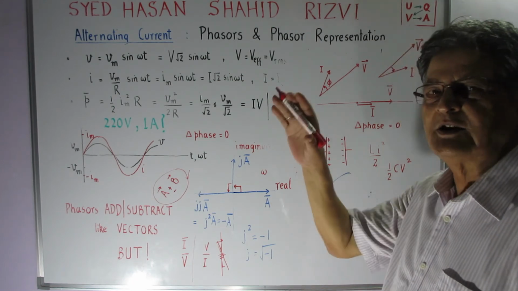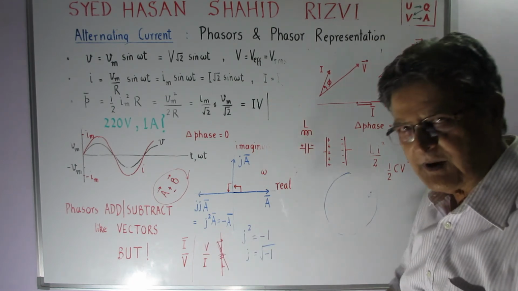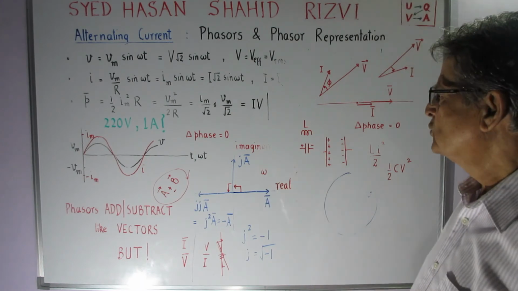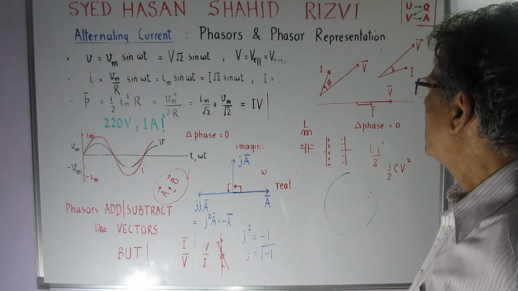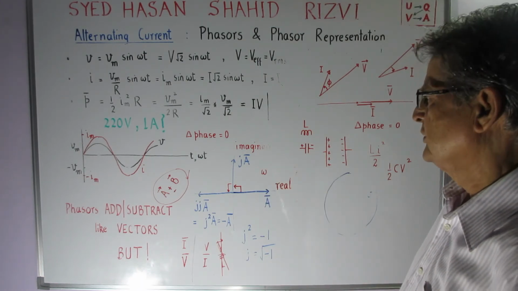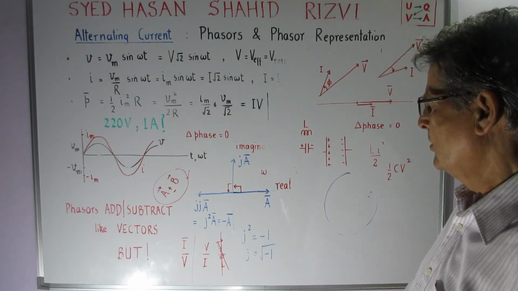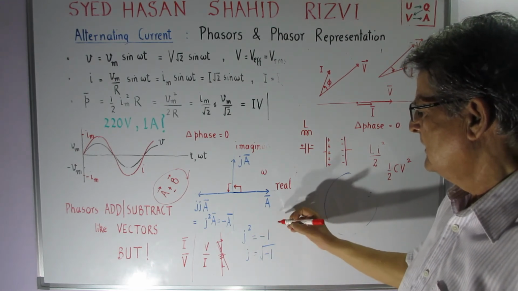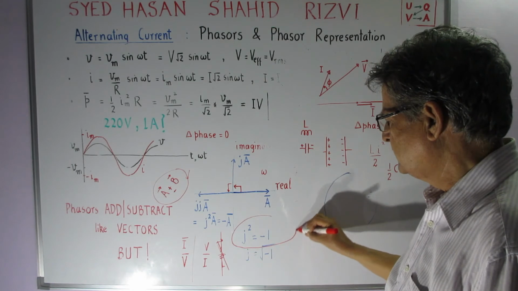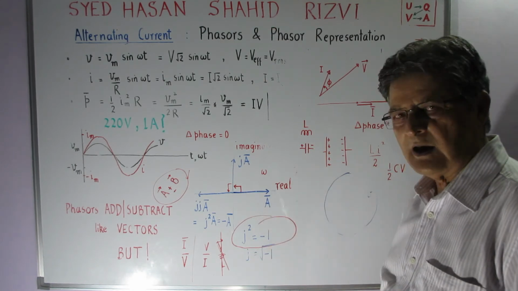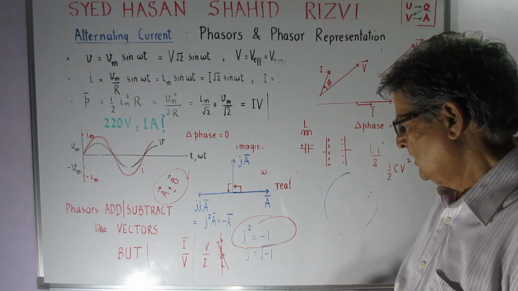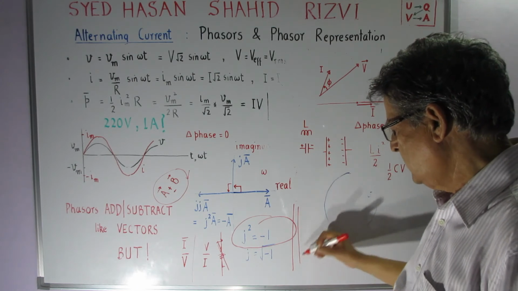Else I may lead, you may lag, I may lag behind, you may lead. So that kind of thing about the phasors in general. And our J squared is equal to -1 and J is equal to the square root of -1.